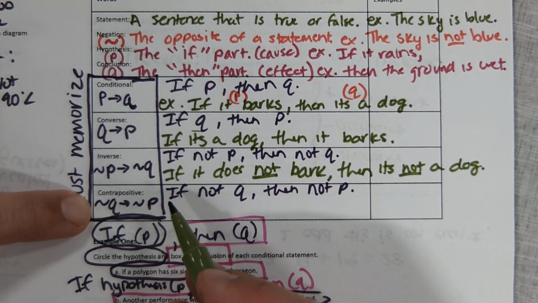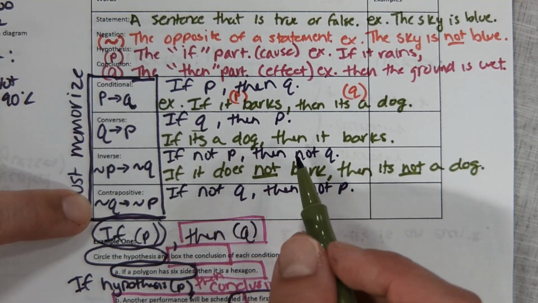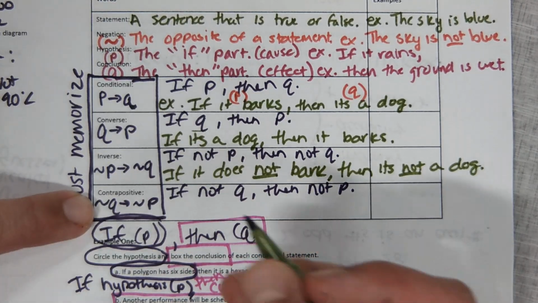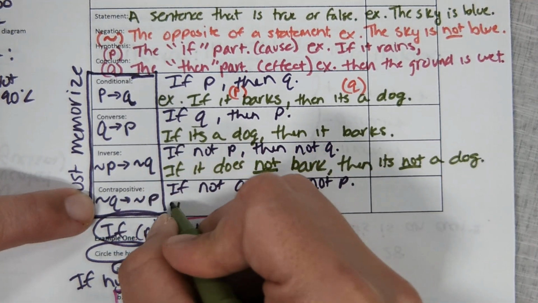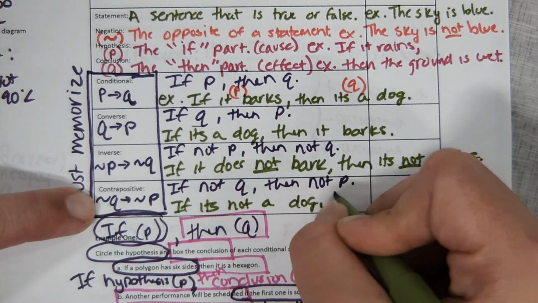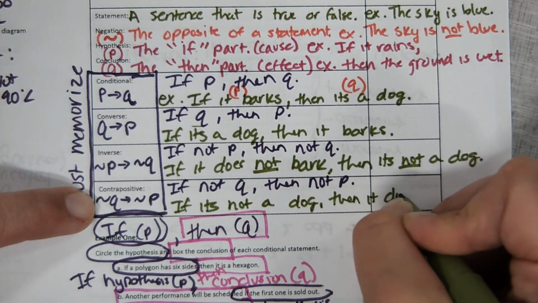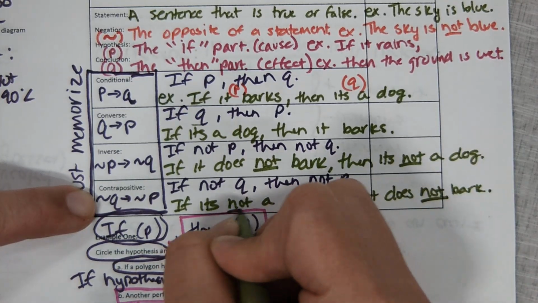And then not Q, not P. So I can take the converse, which is already in QP order, and just put not and not in it. So if it's not a dog, then it does not bark. Added the not in here.